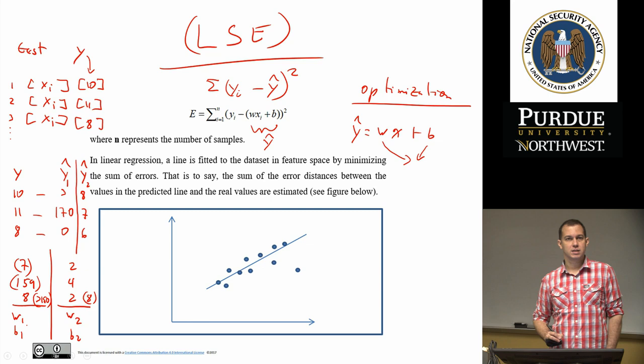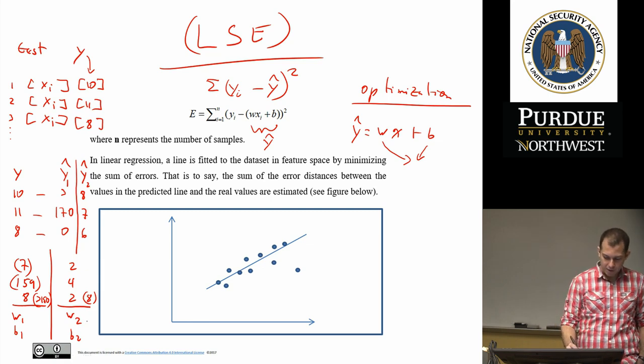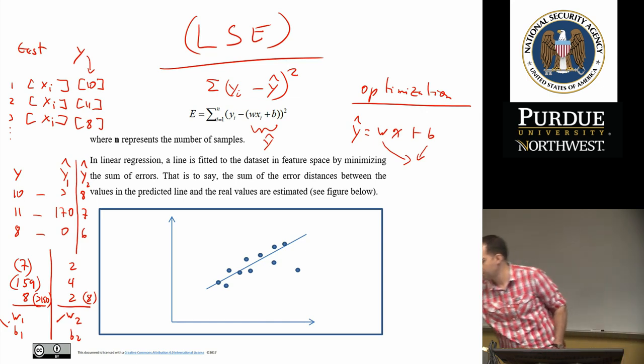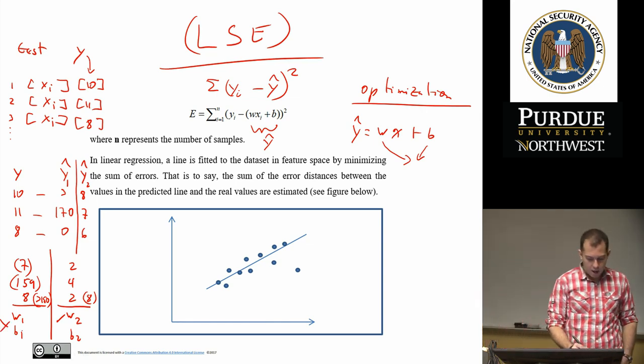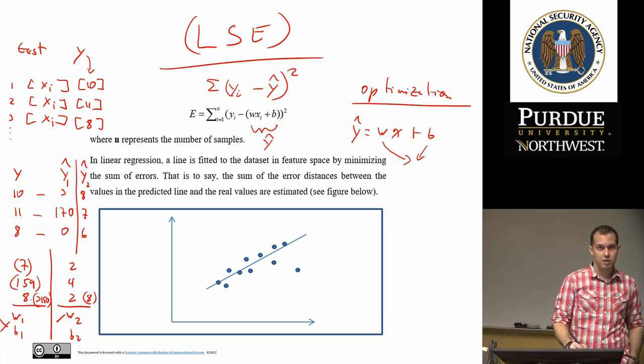So what does that tell us? It tells us that this model here is better than this model. The previous model is not as good because the differences between the real values and the predicted values were really high, whereas here the differences were small. So that's the better model.